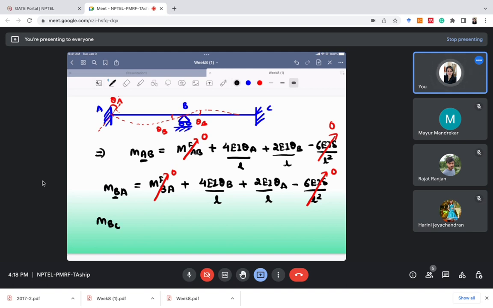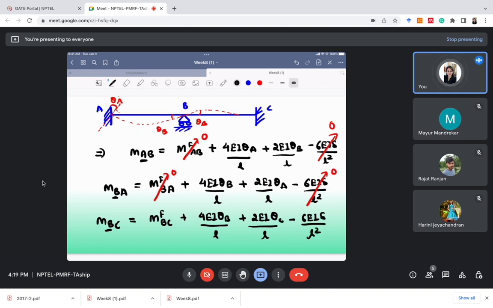Let's write it for MBC. It will be MFBC plus 4EI theta B by L, because B is here, plus 2EI theta C over L minus 6EI delta over L square.